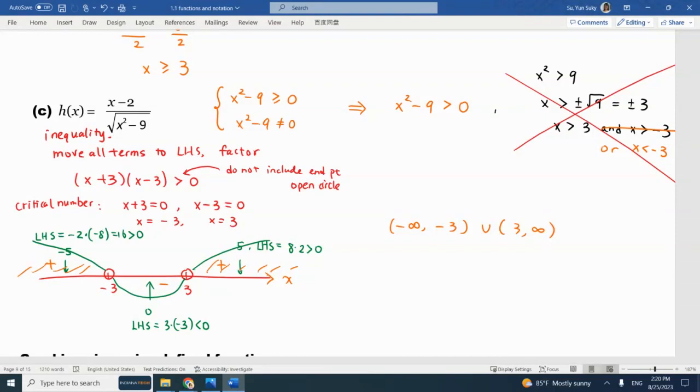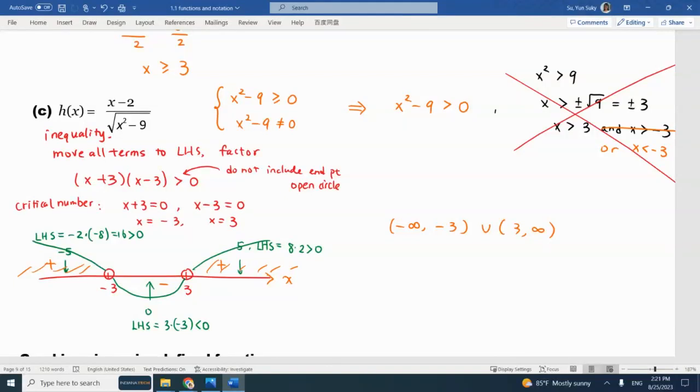We cannot just move the 9 to the other side and then take the square root. This won't work for inequalities. With inequalities, you have to work more. You have to move all the terms to the left-hand side and then factor. And then set each factor equal to 0 to find the critical numbers. A critical number is critical because it determines the change of sign.